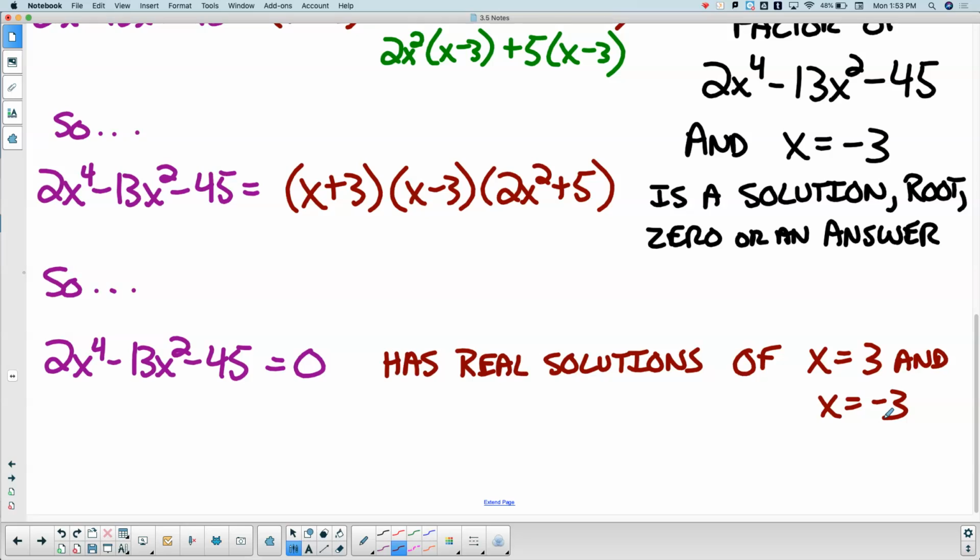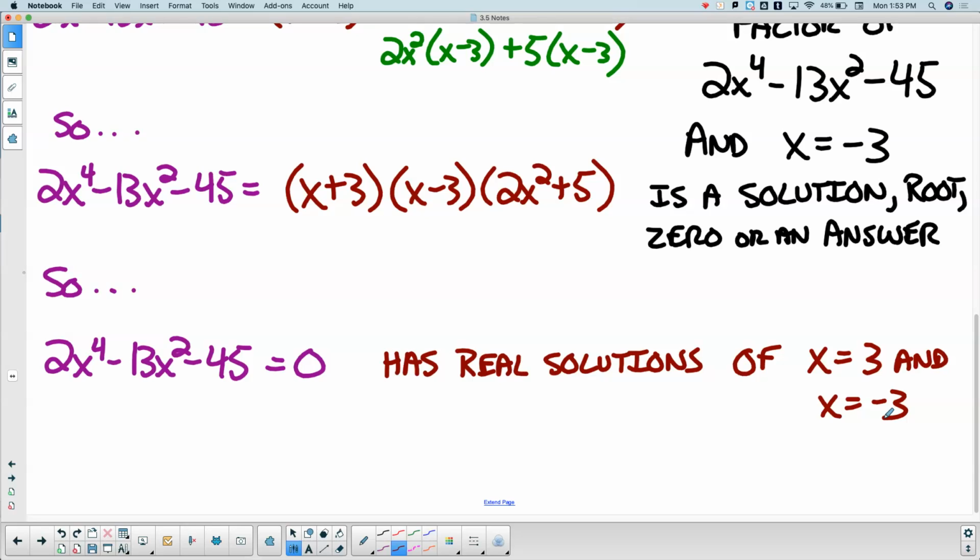Is that a true statement? Because what are the other two? The other two are imaginary, because 2x squared would have to equal -5.